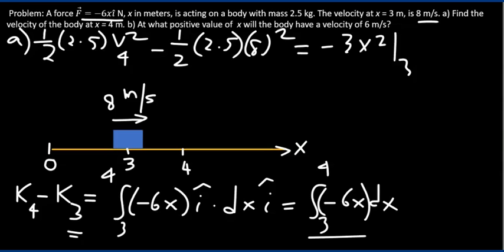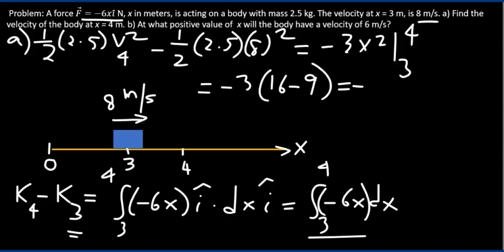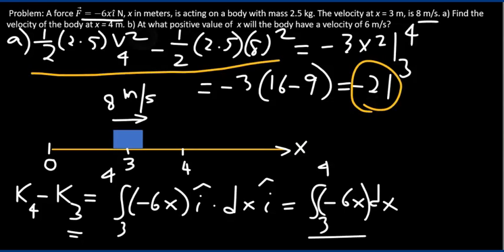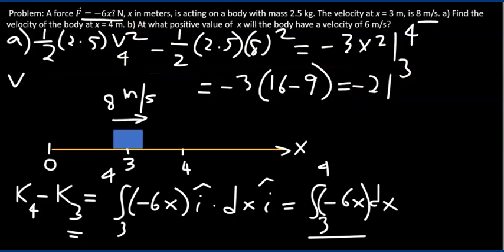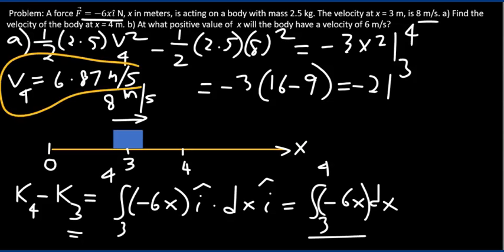We have to put the limits 3 and 4 inside, which if you do, you get minus 3 times, 4 squared is 16, minus 3 squared is 9, so you get minus 21. Equating this side to minus 21, you can solve for v4, which is the only unknown here. Solving for v4, we get 6.87 meters per second, and that is the answer for part A.